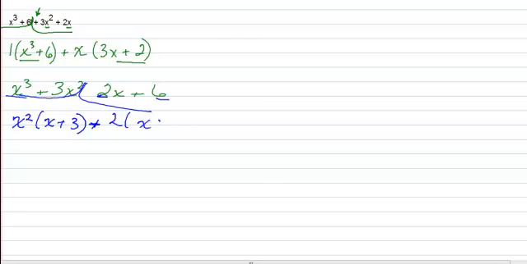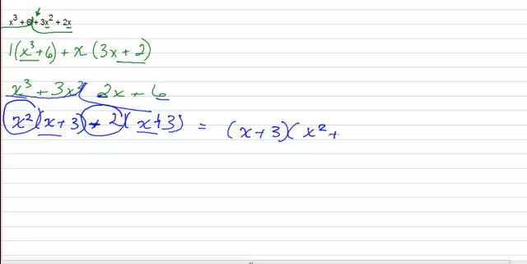I divide that out. I'm left with x plus 3. This makes me happy because now I've got a greatest common factor of x plus 3. And in the second parentheses, it's the x squared plus 2. And of course, the next thing you should do is multiply it back to make sure that you got done what you needed.